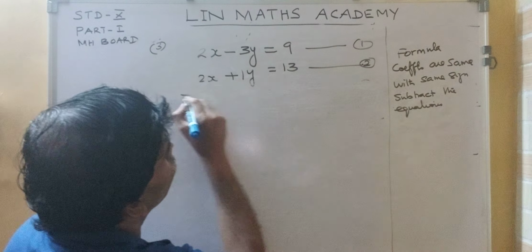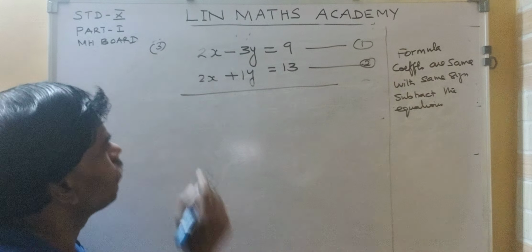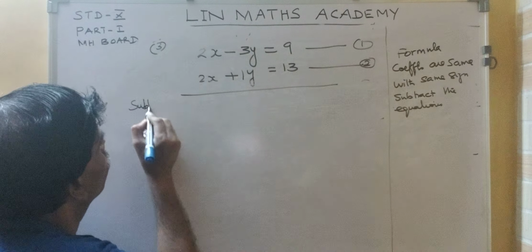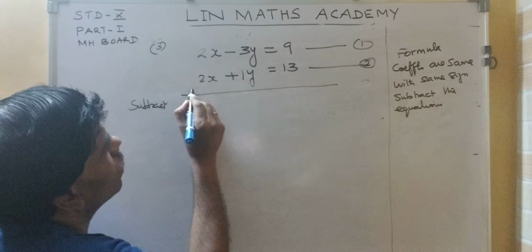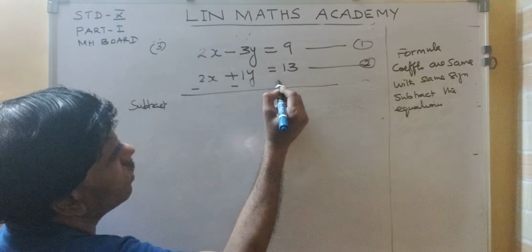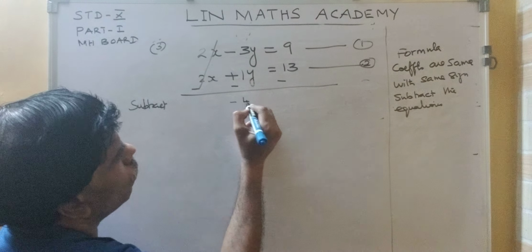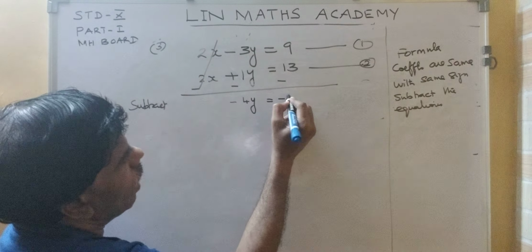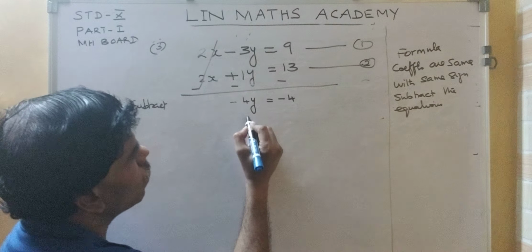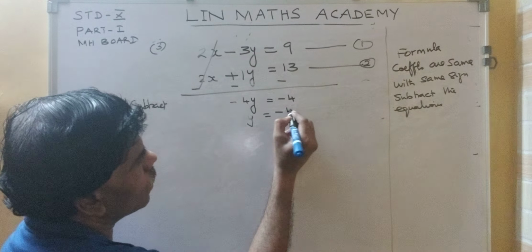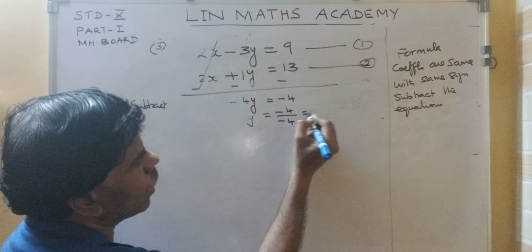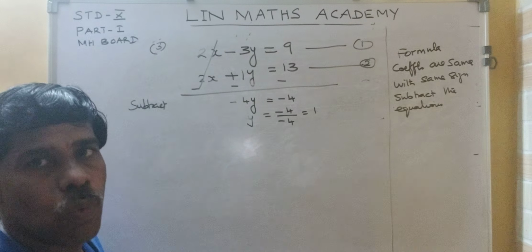So we have to subtract. So you change the sign, change the sign, change the sign. So what will happen here? Minus 4y is equal to minus 4. So y equal to minus 4 upon minus 4 gives you the value 1.